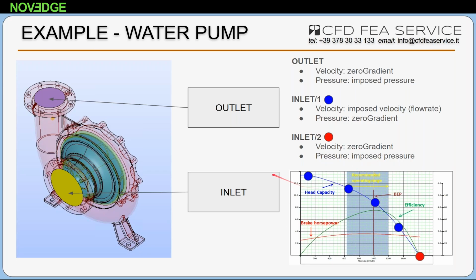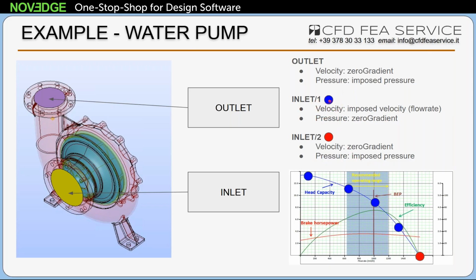These two configurations are very useful because if we want to detect the point in which the flow rate is maximum and consequently the head produced by the pump is zero, then we use this second configuration. Instead, all the other configurations can be performed using the first configuration.